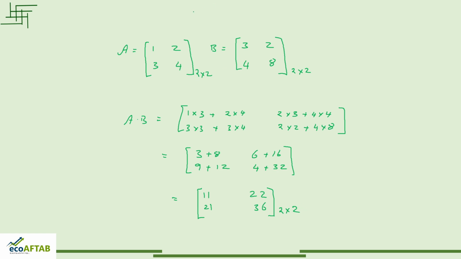So in the case of conformability, 2 by 2 is equal to 2 by 2. So this is telling us, yes, we can multiply the two matrices A and B, and the dimension is 2 by 2.